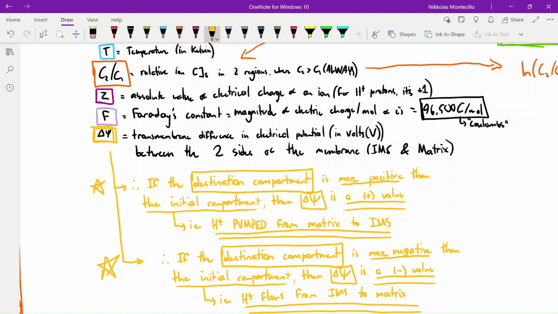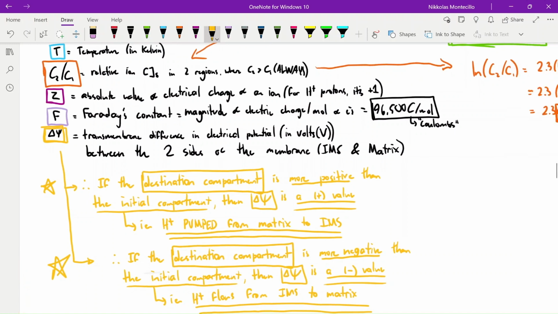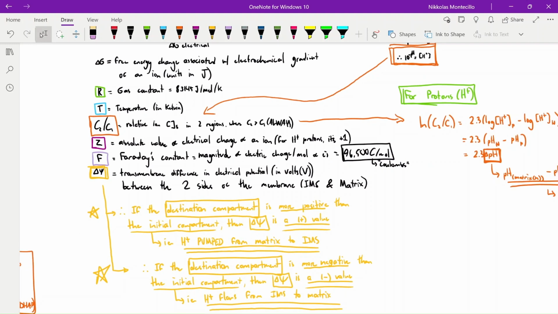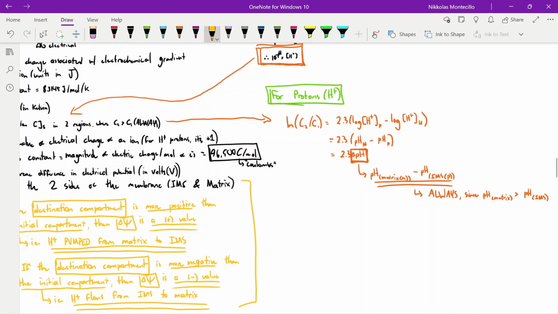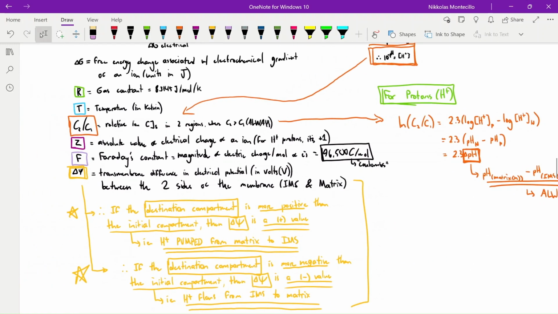So let me just try to break this down a little more. Essentially what this factor represents is the flow of protons. It determines the direction of the flow of protons. Not determines, but rather implies.